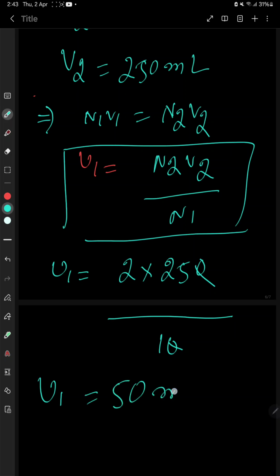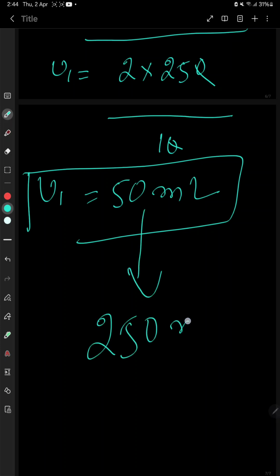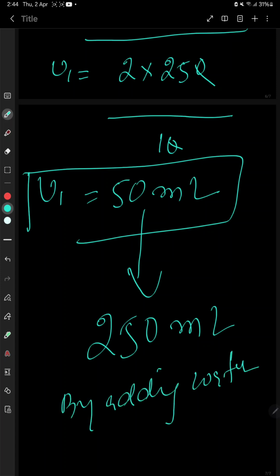So you are raising the 50 ml solution to 250 ml by adding water. It's not going to change the number of gram equivalents of the solute. It is definitely going to change the normality.